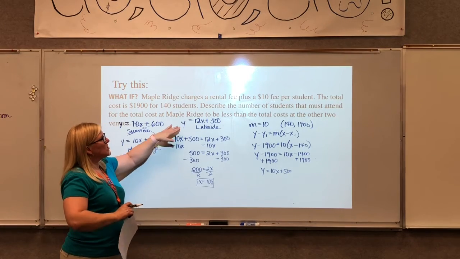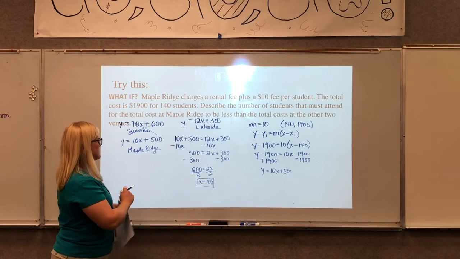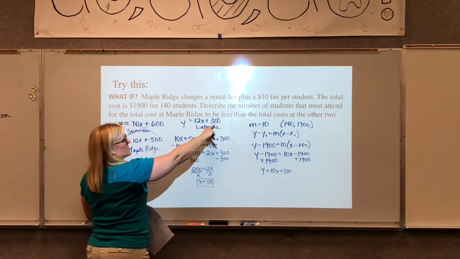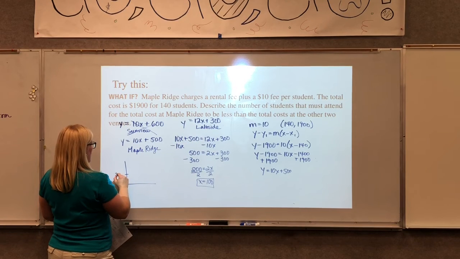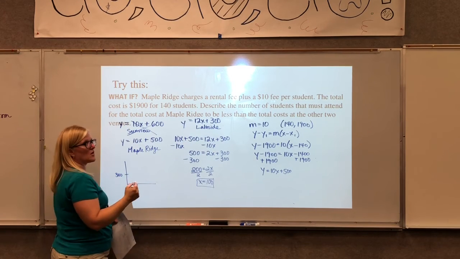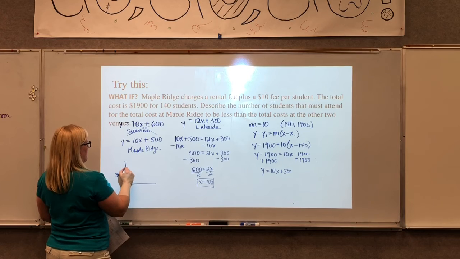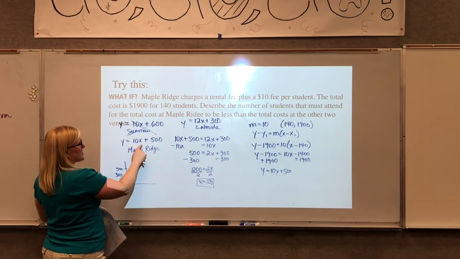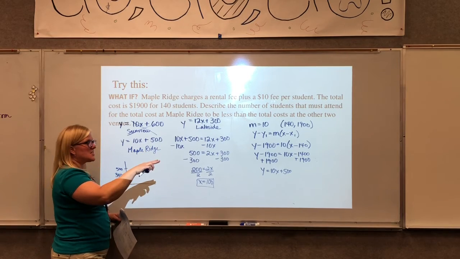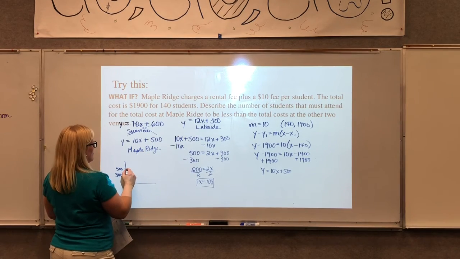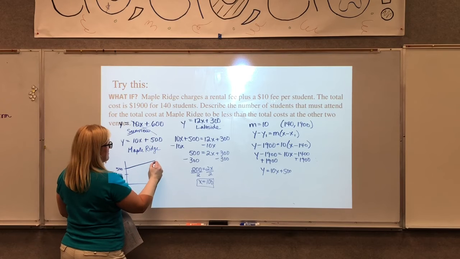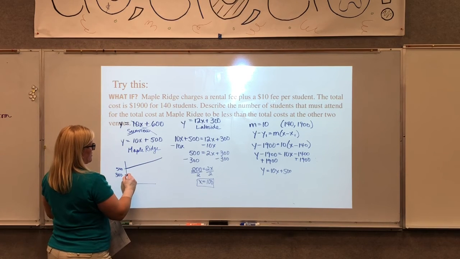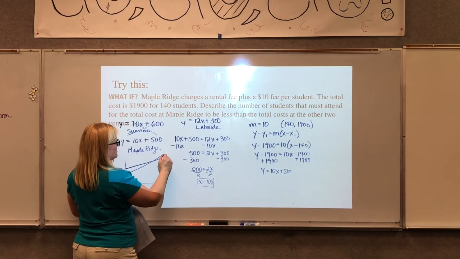So if we were to graph the two lines, we've got the starting point at Lakeside right here, and this is going to be a really rough graph. Okay, and we've got the starting point here. This slope is not as steep as this one. So let's say it goes like this. This one is more steep. So let's say it goes like this.